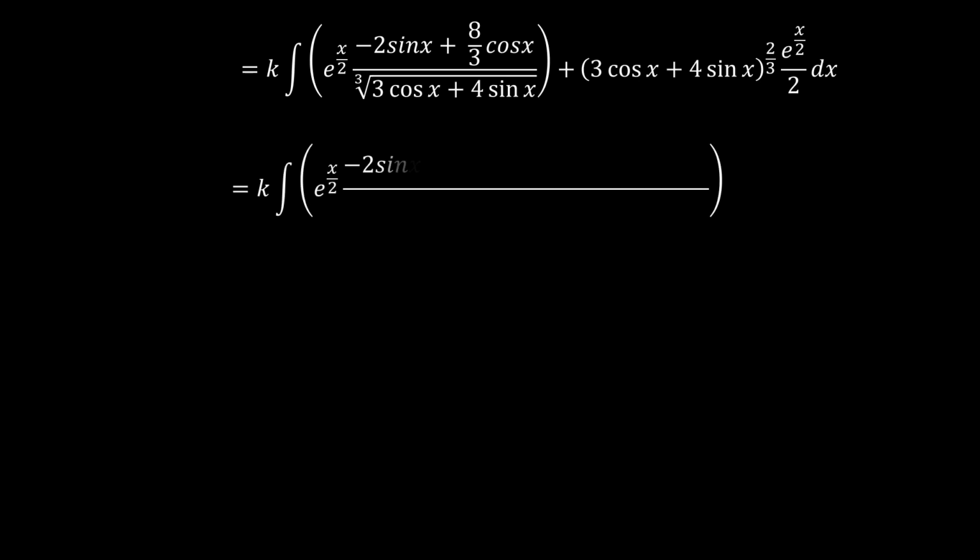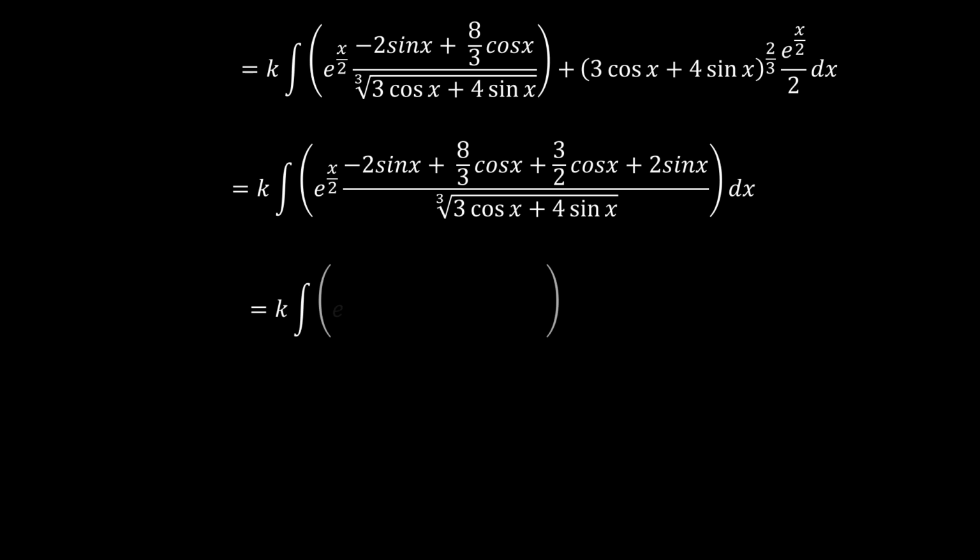With k there and combining everything together, you see the sine terms cancel out, and we're left with 8 over 3 cosine x plus 3 over 2 cosine x, right? So that becomes e to the power x over 2, 25 over 6 cosine x over the cube root of 3 cosine x plus 4 sine x.